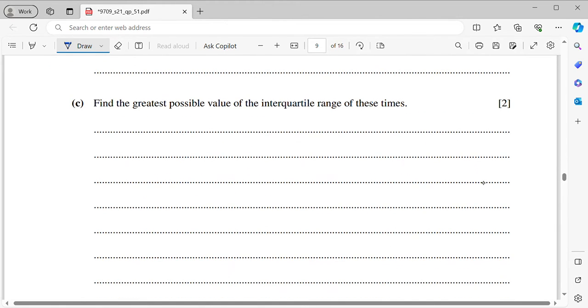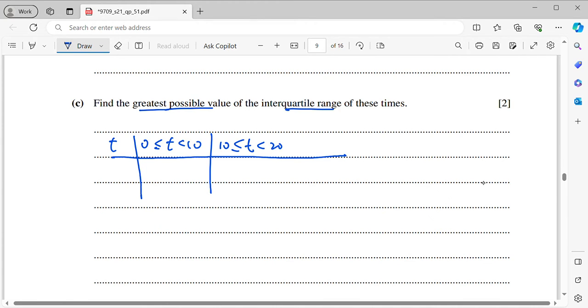Okay, C. Find the greatest possible value of the interquartile range of these times. So now, for the interquartile range, we need to get the cumulative frequency. Therefore, I will just copy the table. This is the T, 0 to 10, then 10 to 20. The rest will be with the width of 20, if you still remember that.